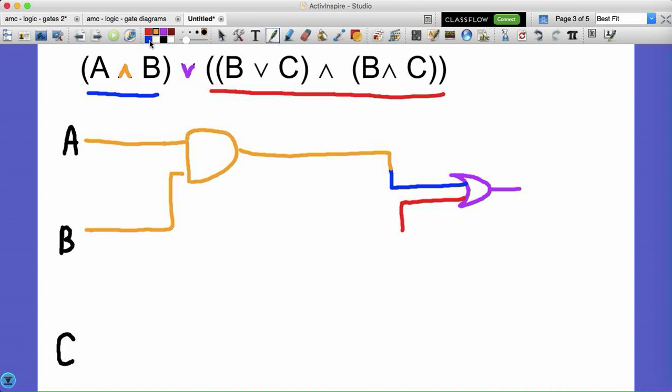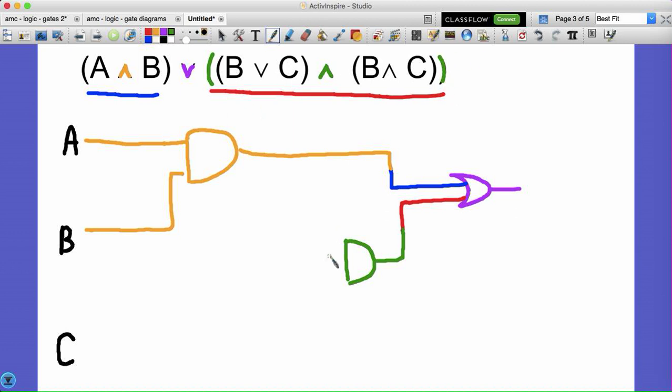Our next operator, looking in the red half of the problem, which we'll do in green, is this other AND. This is bridging together this portion here, B or C, and this portion here, B and C. So putting that AND operator close to the end here, that's going to feed into the OR gate because that's the central symbol in this part of the expression.